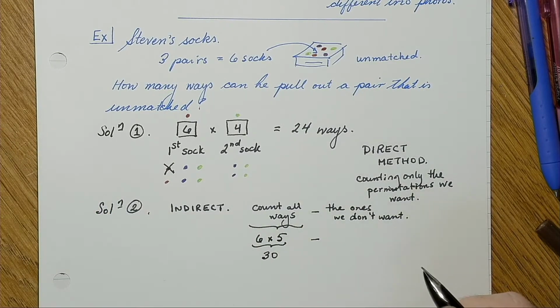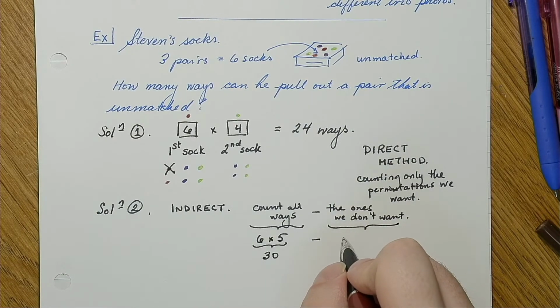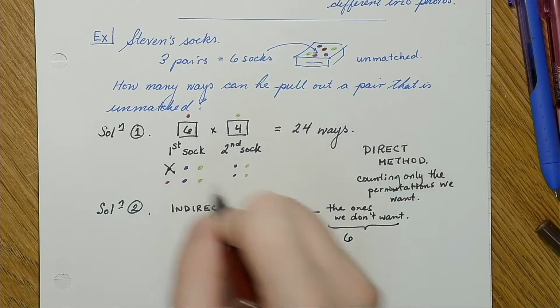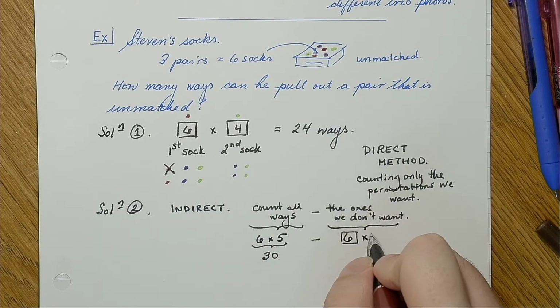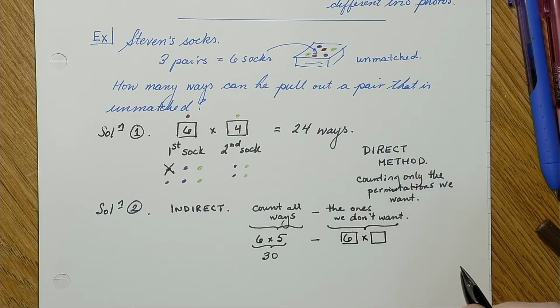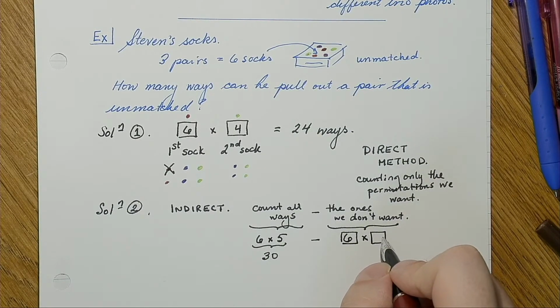Then we can subtract the ones that we don't want. Well, how many ways could he have done this correctly then? He could have picked any of those 6 socks, and then the second one, well, there's only one correct matching sock then.